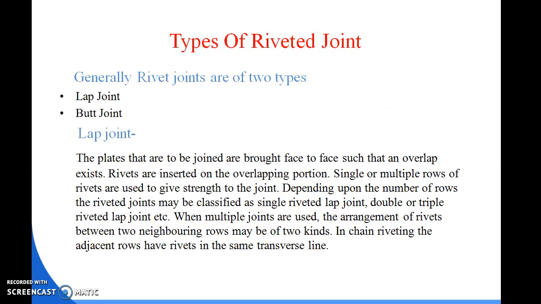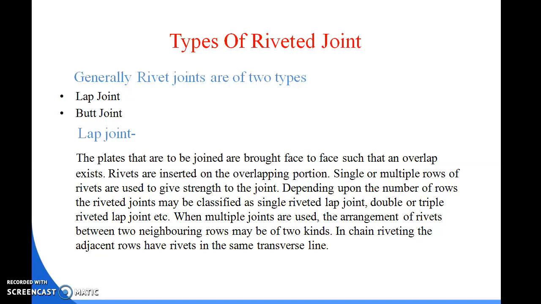The plates to be joined are brought face to face such that an overlap exists. Rivets are inserted in the overlapping portion.